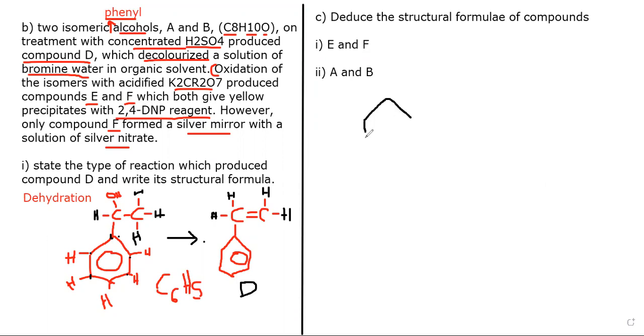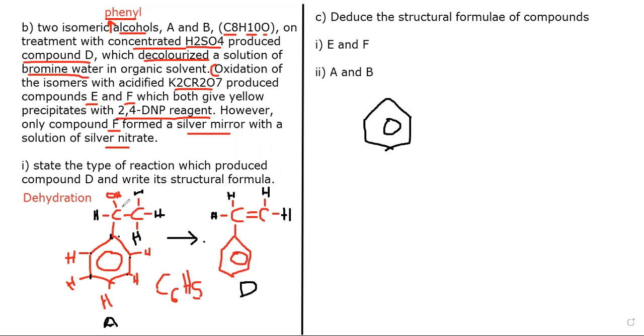So aldehydes and ketones. Remember, this was the structure of compound A. So A is the secondary alcohol and B is the primary one.